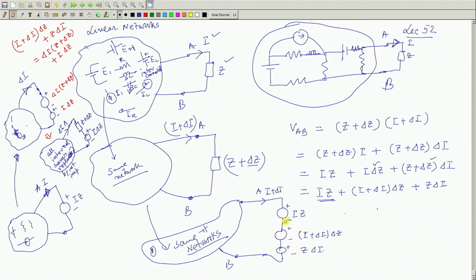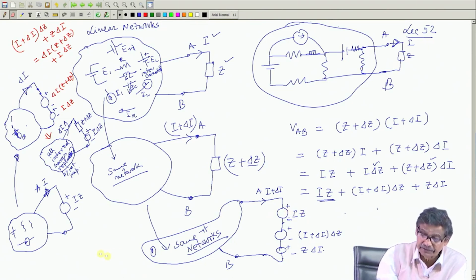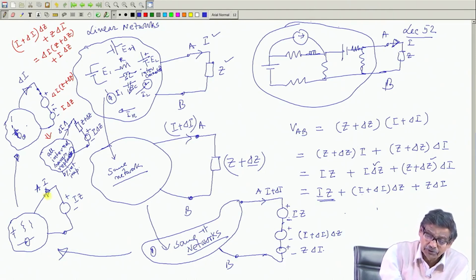After doing this, I am saying when all the internal sources of the network are present and this voltage source is present, this will be the network. What is that network? All internal sources present and only this source is present. Then what should be the current?